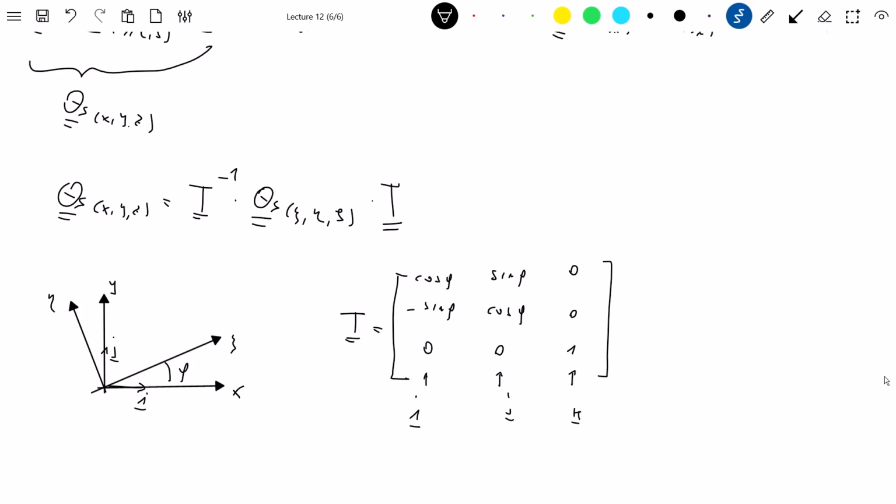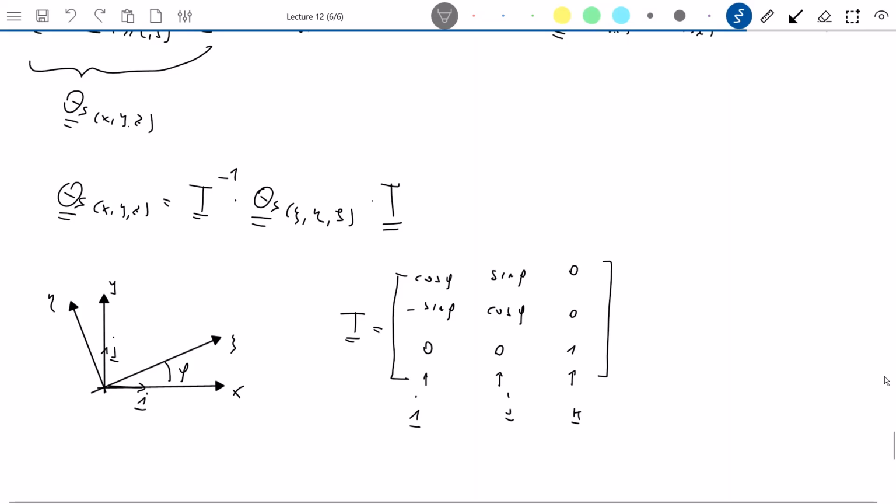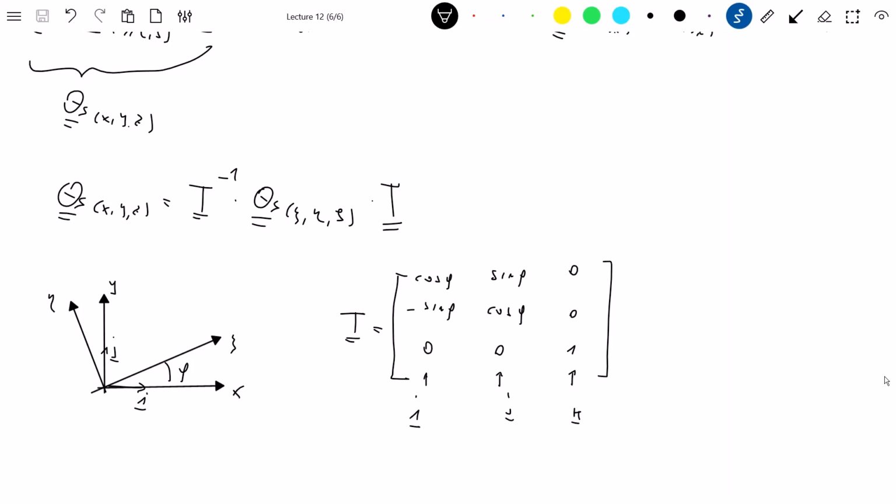So practically here I'm projecting. If I have to write the coordinates of the i versor in the ψ, η coordinate frame, I would write cosine of φ, because this is cosine of φ, then projecting on η, I have minus sine of φ. Then for j, I have sine of φ, cosine of φ, and the k versor in the z is parallel to ζ, so I have 0, 0, 1. So in this way I can write T, I can make the inverse of T, and I can compute Θs in x, y, z coordinates from Θs in ψ, η, ζ coordinates.